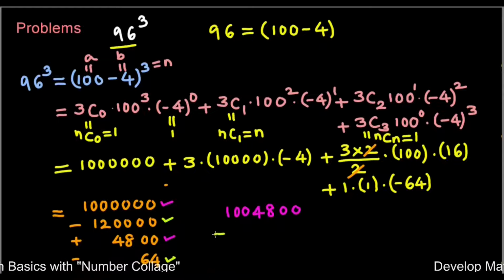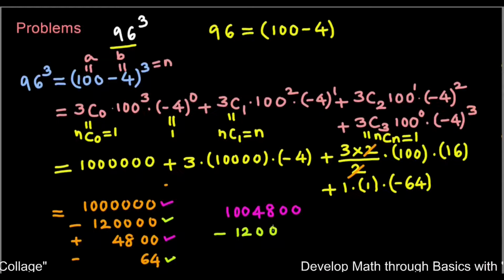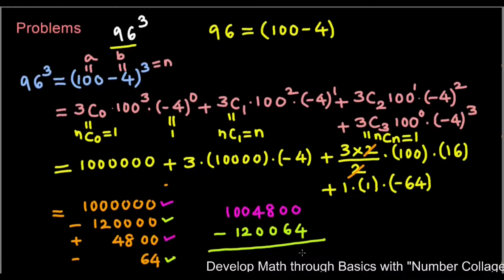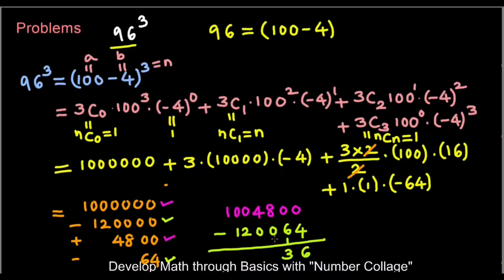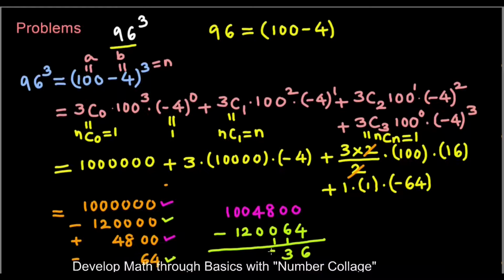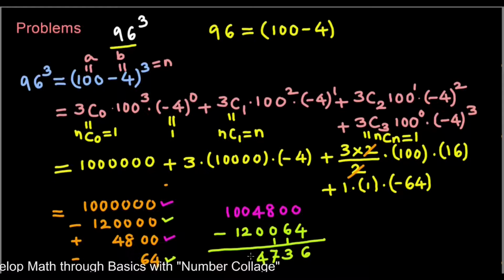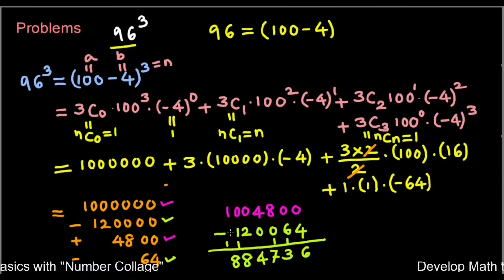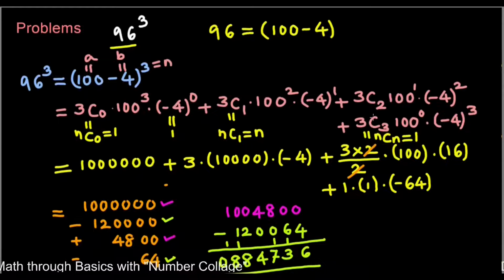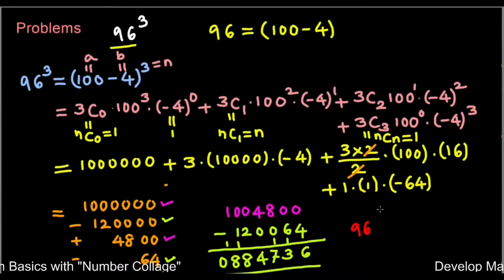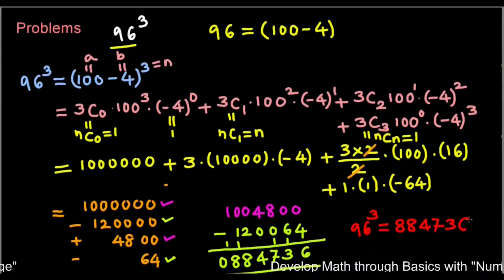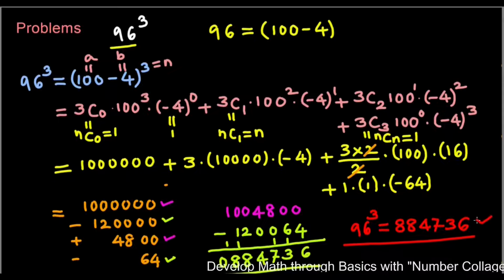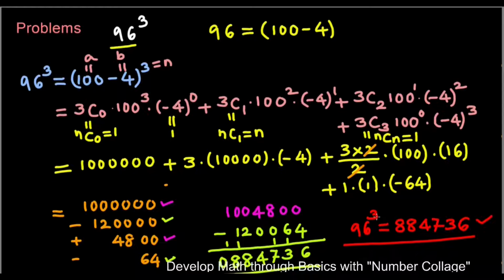So that will be minus 120,064. 10 minus 4 is 6, 1 carry. 10 minus 7 is 3, 1 carry. 8 minus 1 is 7. 10 minus 2 is 8, 1 carry. 10 minus 2 is 8, 1 carry. 1 minus 1 is 0. So therefore 96 cube is 884,736. So this is how we can find 96 cube by using binomial expansion.